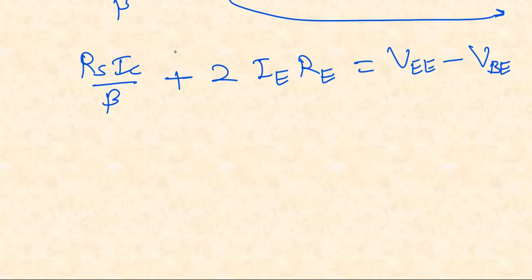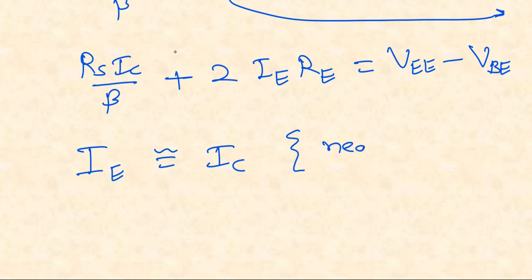Okay, now I will take the emitter current the same as the collector current. This assumption I can make by neglecting the base current. I will assume that the base current is very small.